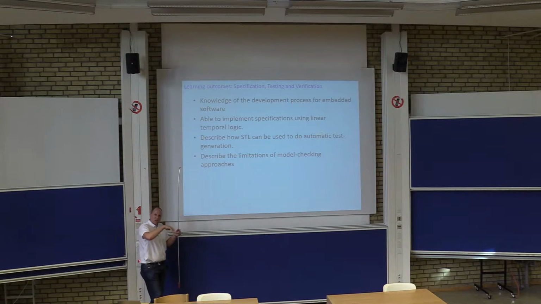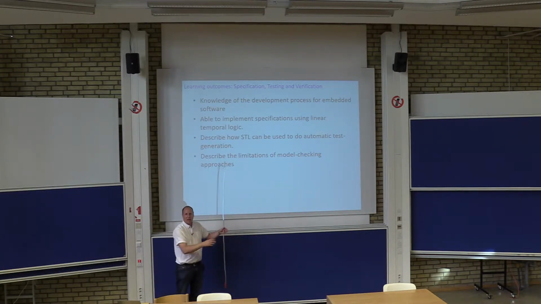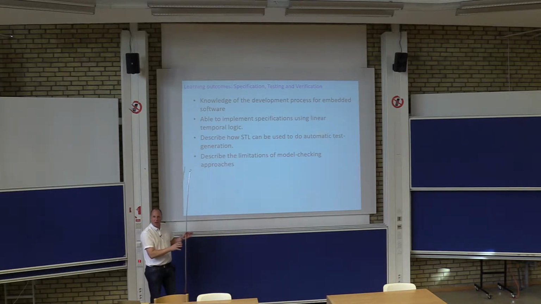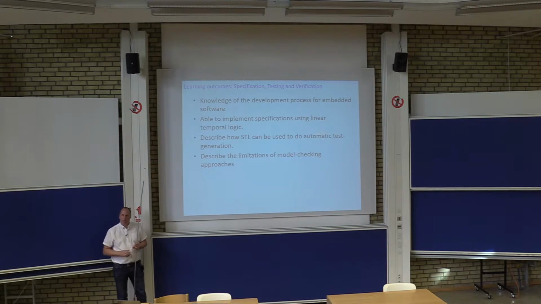So then you try to change the inputs in such a way that you're more likely to violate the specifications. If possible, of course, because it might be that the specification always holds, which is what you really want. But if there is a chance that you can have a combination of inputs such that the specifications are violated, you would like to find those as early on in the development process as possible.